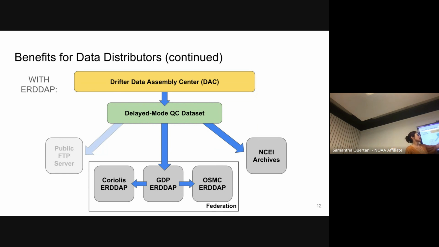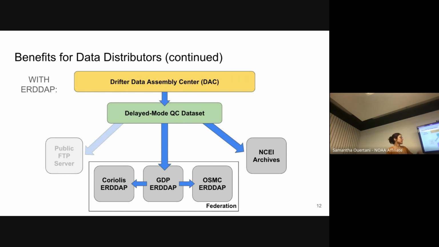Lastly, we still are hashing updated files to send to NCEI for archival purposes. We did try to include them in our federation of ERDDAP servers since they have their own ERDDAP, but their protocols for archiving files are quite strict. And since downloading a file from ERDDAP will overwrite the timestamp of the original file's creation, that just kind of breaks their protocols and doesn't allow them to know when to archive a file.